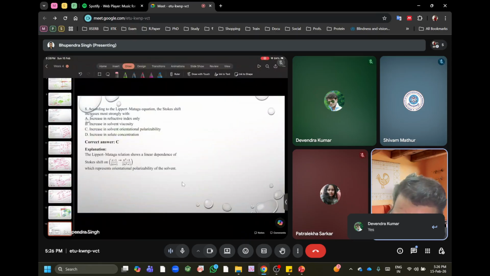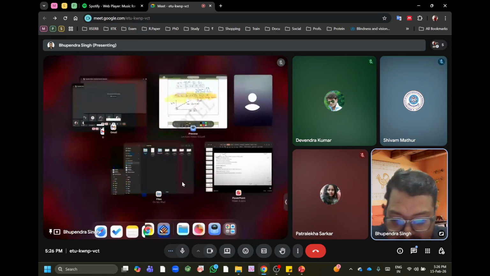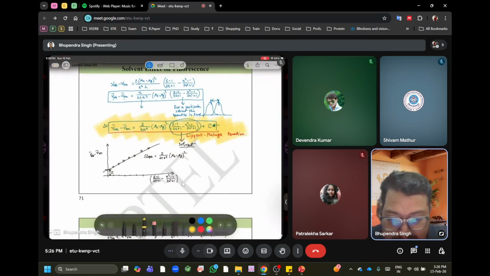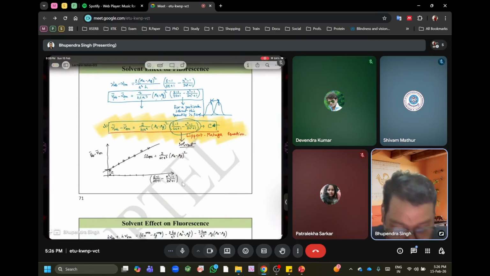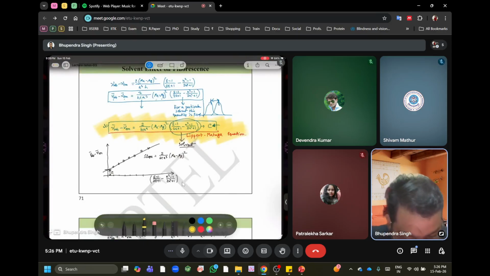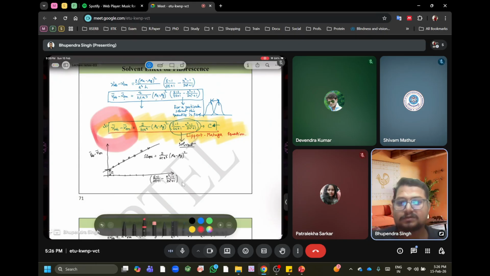According to the Lippert-Mataga equation, the Stokes shift increases most strongly with... So what is the Stokes shift in Lippert-Mataga? This is the Stokes shift.